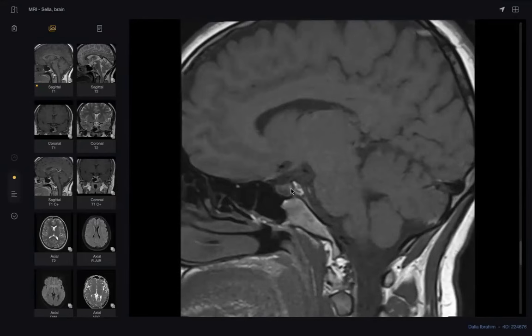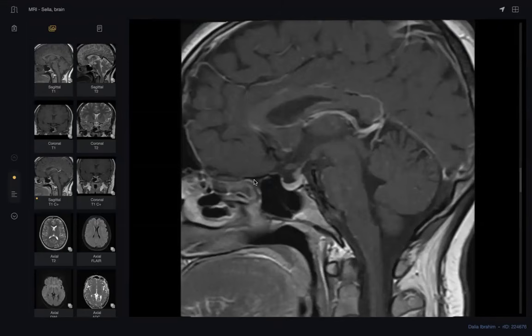This is the posterior pituitary here, the hyperintense part of the pituitary gland. I'd like to review the post-contrast images to see if there is any delayed enhancement, or delayed hypoenhancement of a microadenoma. In the interest of time, can I move to the contrast scan?